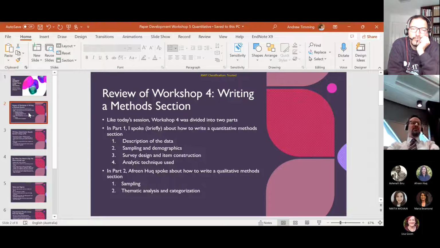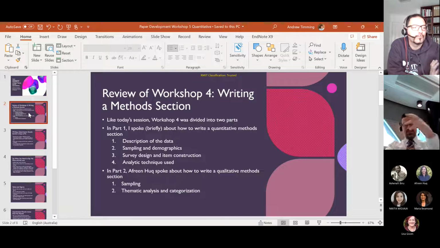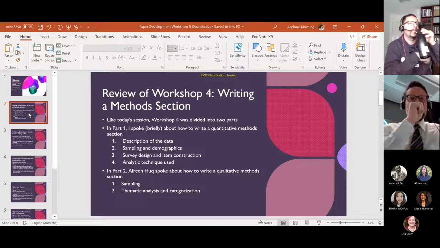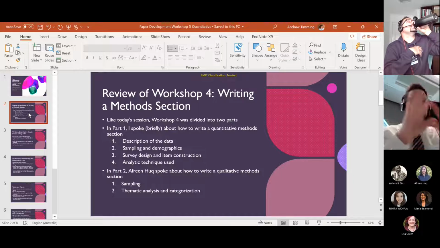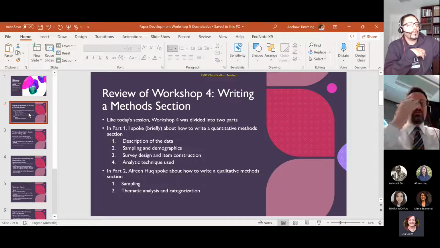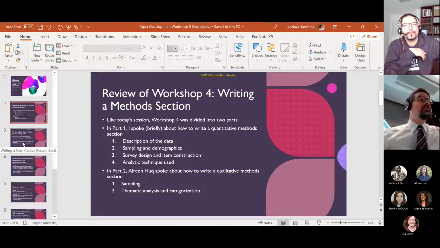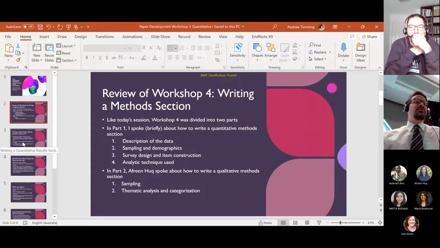She focused largely on drawing a qualitative sample and the various ways in which thematic analysis and categorization can occur with qualitative data.